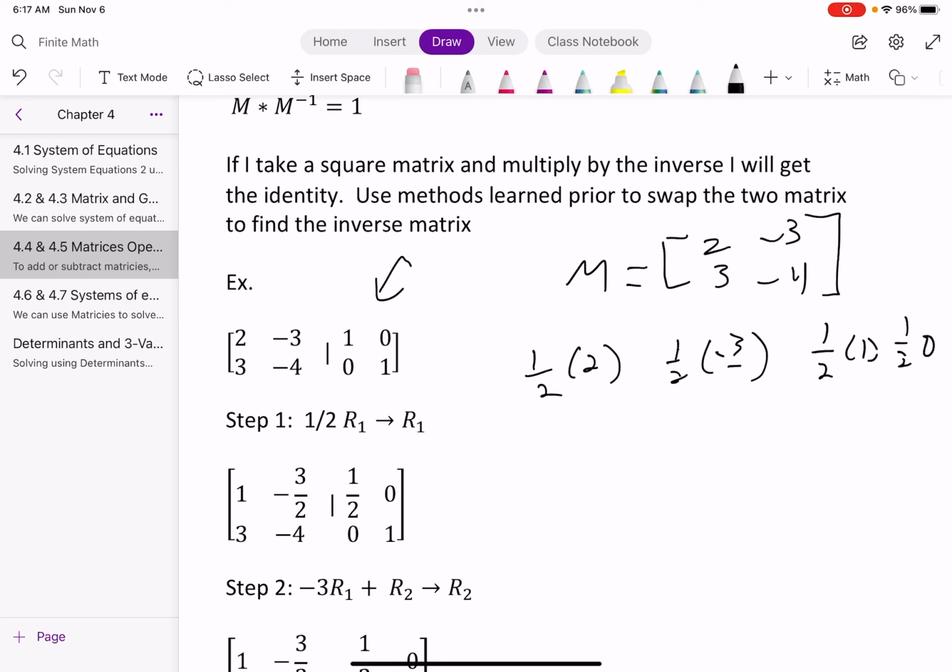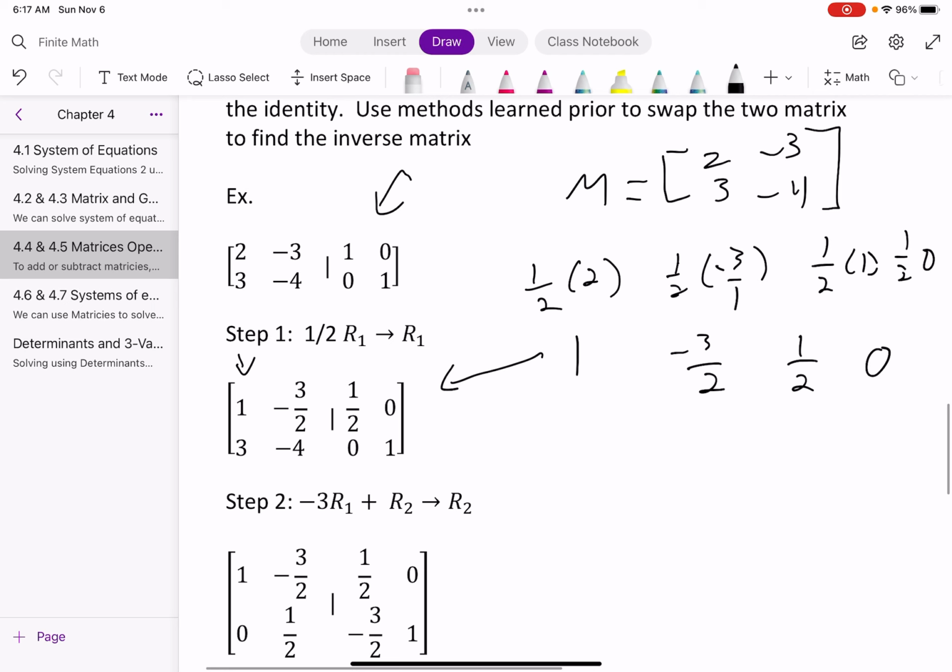Well, 1/2 of 2 is 1. And then 1/2 of negative 3 becomes negative 3 halves. 1/2 times 1 is 1/2, and 1/2 times 0 is 0. And then this becomes my new first row, just like we were doing in previous sections.